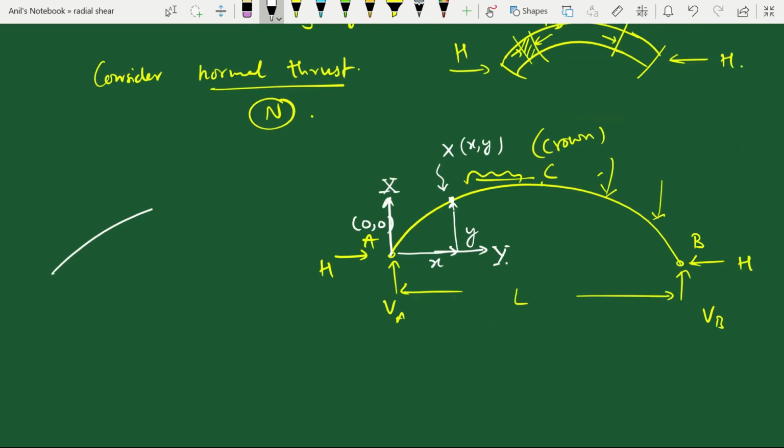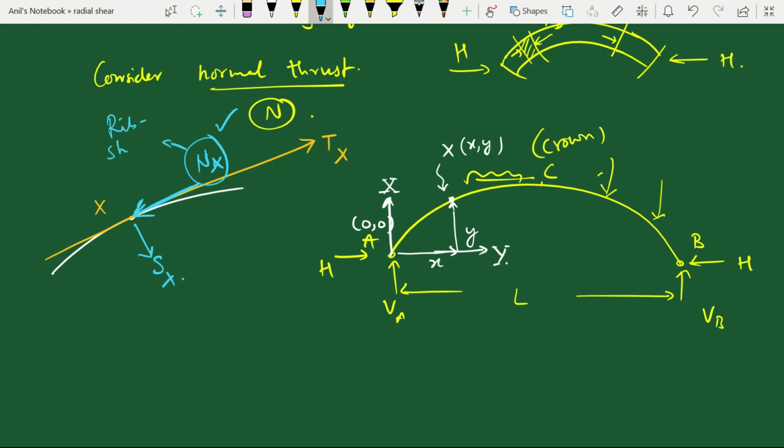Now at X point, we can always draw a tangent to the arch. So this is tangent at point X. At point X, we have normal thrust, which is along tangent, which is Nx. And then we have radial shear, which is Sx. So we are interested in normal thrust Nx because this is responsible for rib shortening.